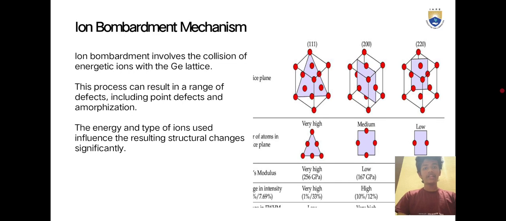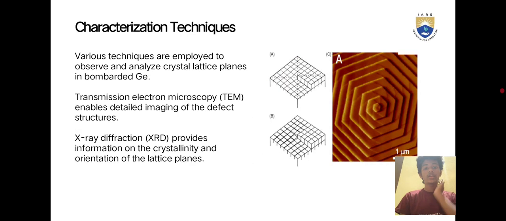The energy and type of ions used influence the resulting structural changes significantly, like modulus, intensity, planes, or atoms in planes. There are more defects in this mechanism. Let's dive into the next slide.